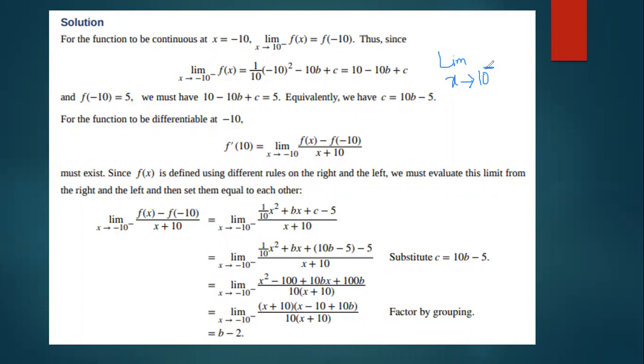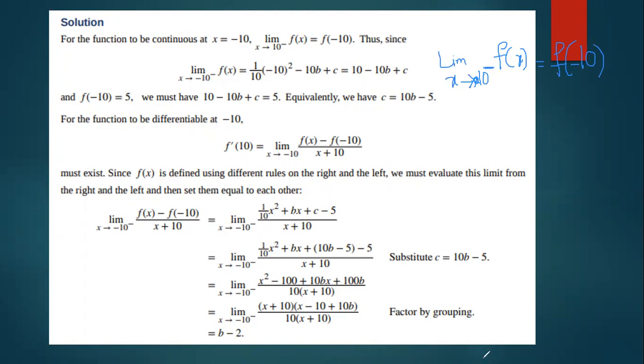Always, if there is a sign, I have to add it upward, not here. That is the wrong way to write limits. Then I put the value of function f of x, so putting x equals minus 10, my value will be the function value at x equals minus 10.